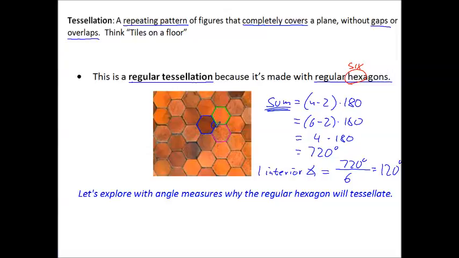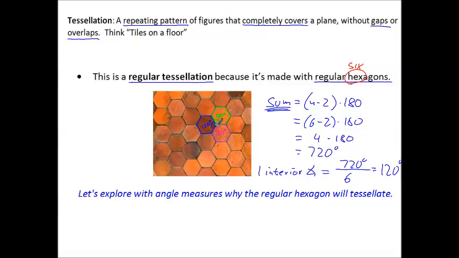So this angle right here has a measurement of 120 degrees, and the angle next to it will also have a measurement of 120 degrees, since it's a hexagon with the same size and same shape. And this angle up here also has 120 degrees.